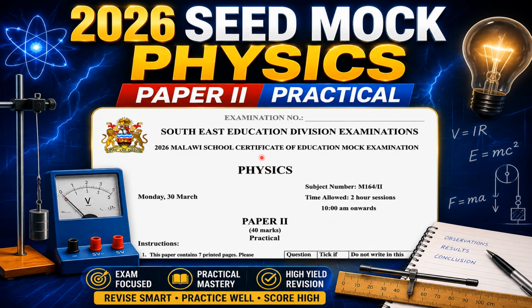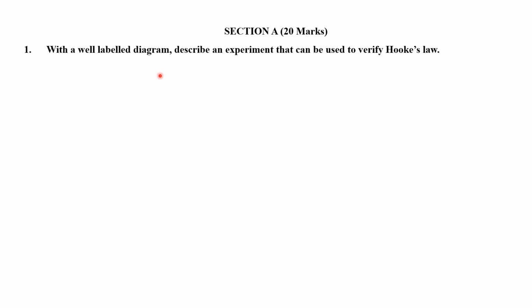So without wasting your precious time, let us proceed to look at question number 1. It is asking us to use a well-labeled diagram to describe an experiment that can be done to verify Hooke's law.